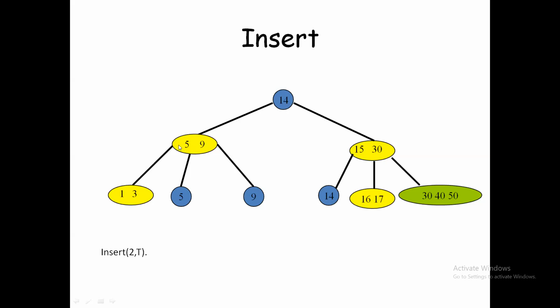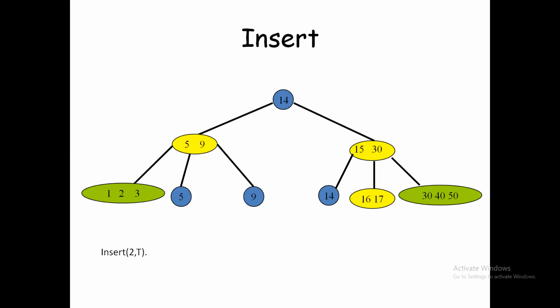If it is lesser than 5, it goes to the first child. So in this child node, the element 2 is inserted. Then the node is made green. Here a node with 3 children is shown in green, a node with 2 children is highlighted in red, and a single one in blue.